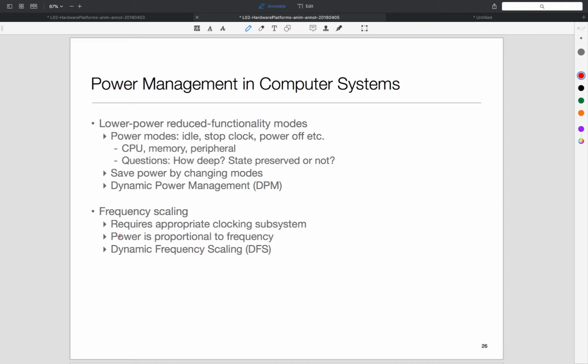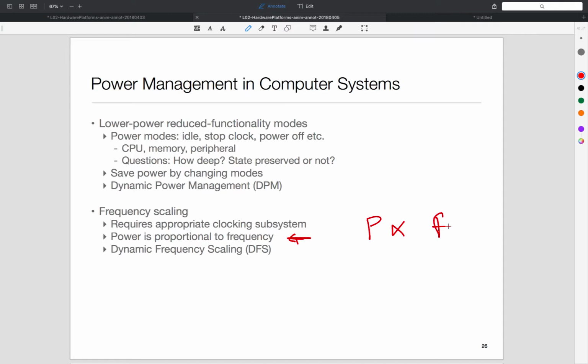One approach, which is actually not as much of a win as you might imagine, is called frequency scaling. What this, roughly speaking, relies on is that the power consumed by electronic circuits is proportional to frequency. So power is proportional to F. What about execution time?